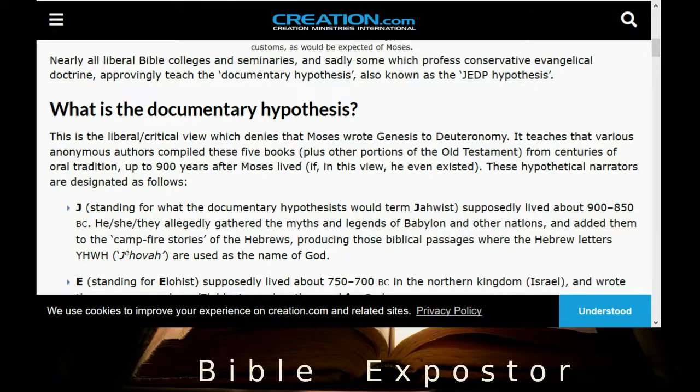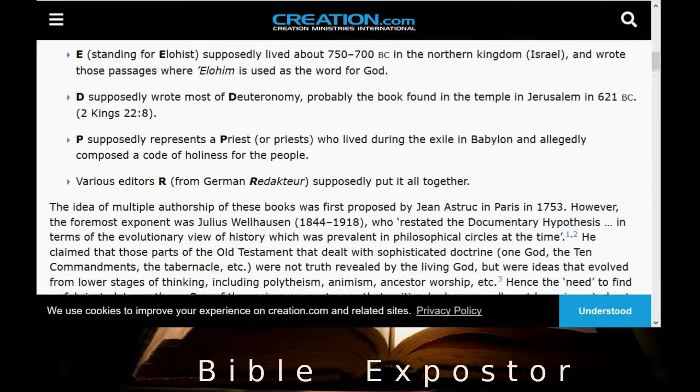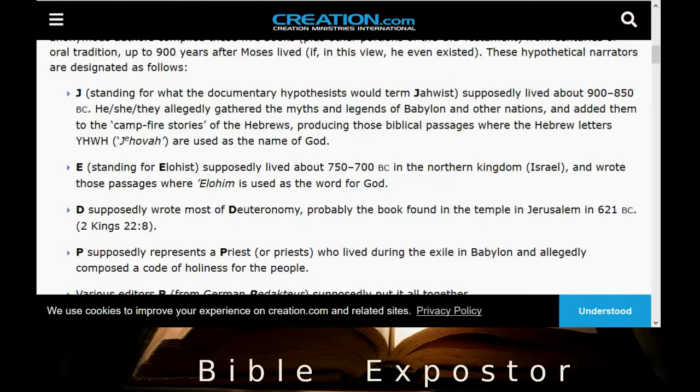And this is still taught today, even in seminaries. And the J stands for Yahwist, if you pronounce it sort of right, that gathered myths and legends of Babylon and other nations and added them to campfire stories of the Hebrews.